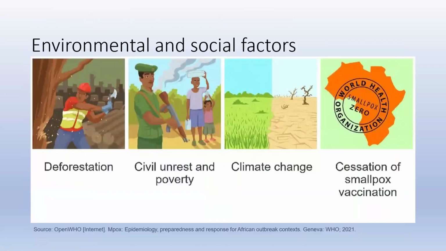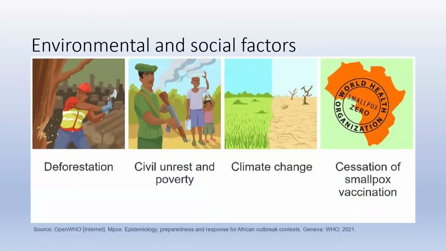What are the environmental and social factors that cause this disease to infect human beings and to spread from human to human? We know deforestation, and a lot of it is occurring in Central Africa, civil unrest and poverty, bringing animals, especially these wild animals that have Mpox, closer to human beings.